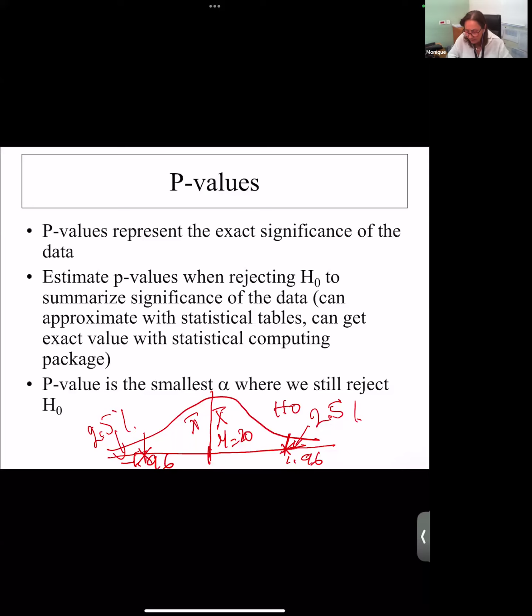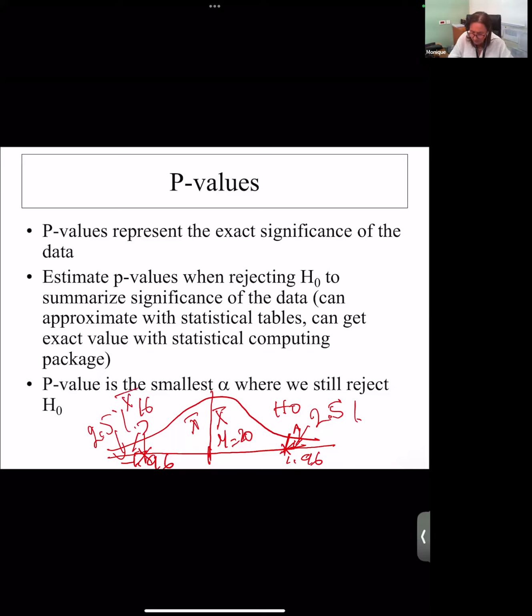And when my alpha is on both sides, 2.5 here, 2.5 here, it means I'm looking at a no difference. So if I find an X bar of 16 here, I can find its Z value. And based on the Z value, I can find the probability from the Z table or the T table.